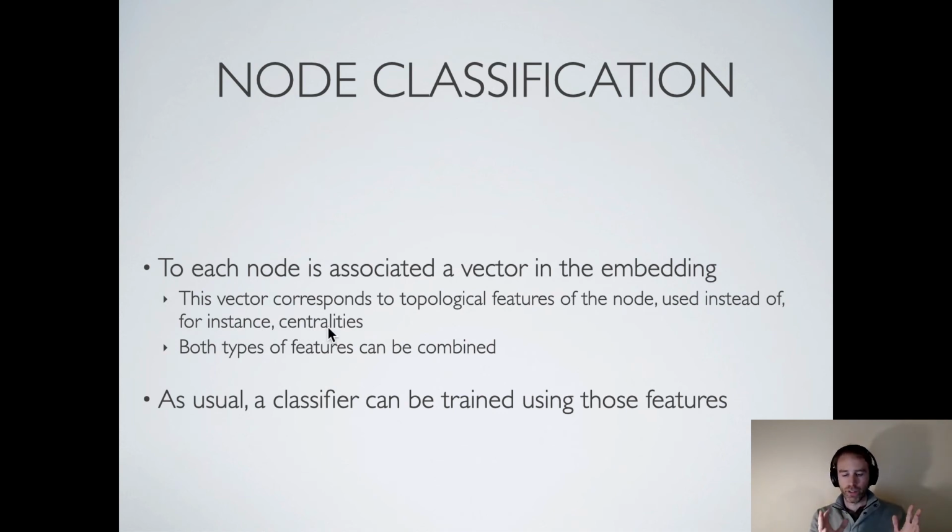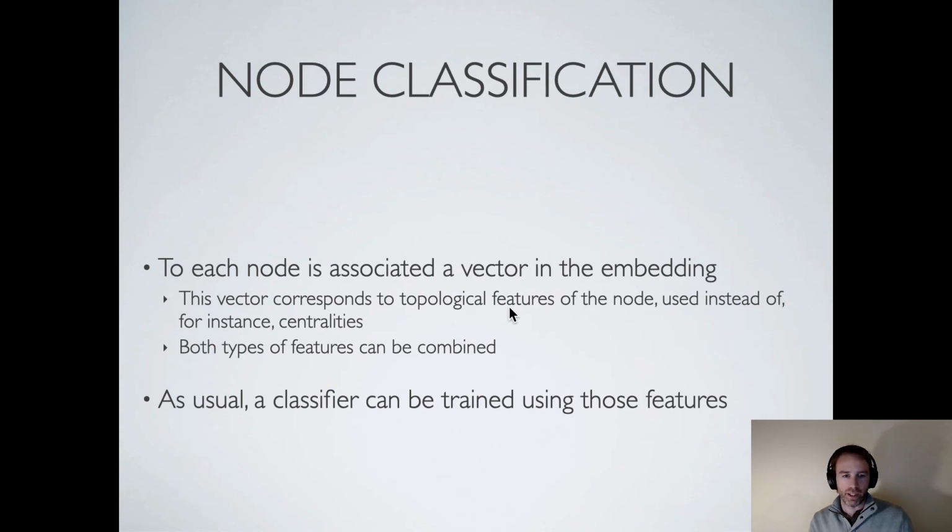And from this vector, you can train a machine learning algorithm to recognize from the features some property of the node, like, for instance, age, political opinion, and so on and so forth. Now I have actually computed by the embedding a vector for each node. And from this vector, which is the vector proposed by the embedding, I can train a classifier to recognize, again, the age of the person, the political opinion, and so on and so forth.